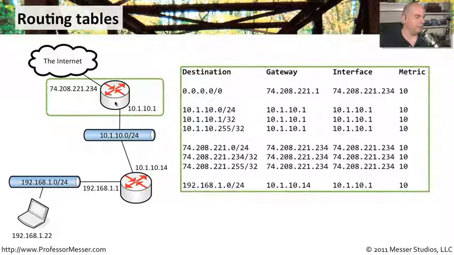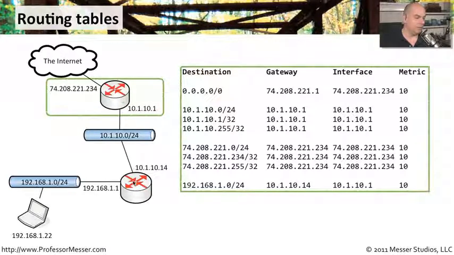And of course, it's connected directly to the 10. network, so I see a series of routes of how to get traffic to the 10. network. And since I'm also connected to the 74.208.221 network, I see the routes associated with that one. But in this particular situation, I have these extra routes, the 192.168.1.0, that it needs to know how to get there, and it's going to go to a gateway of 10.1.10.14.